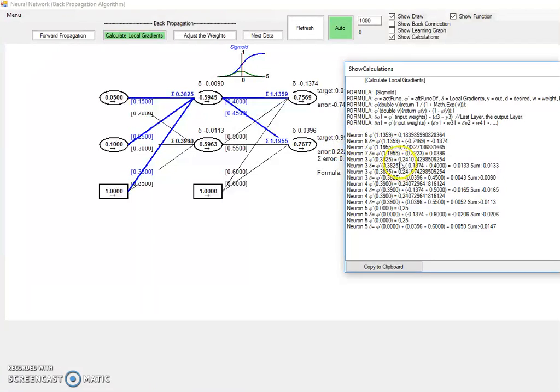So we have the 3 here. 1.1374 is this one, times 0.4, which is the weight. So this times this, times the value here, 0.24, gives us a value of minus 0.013. Okay, so this one influences minus 0.013.